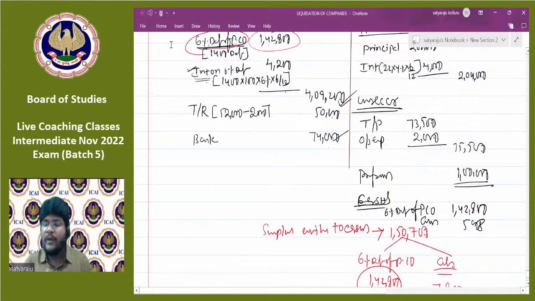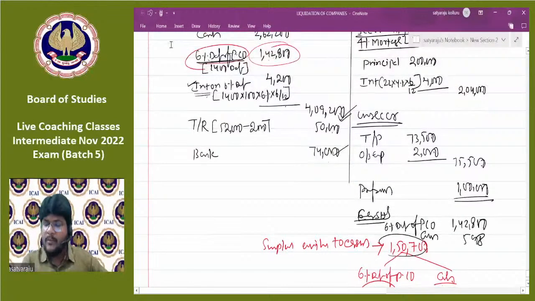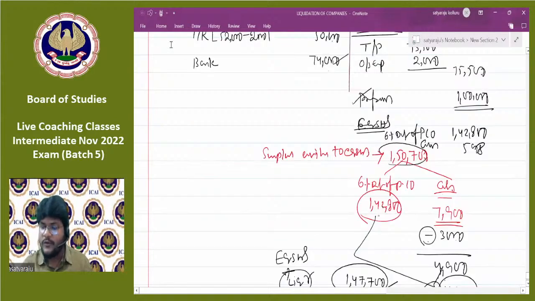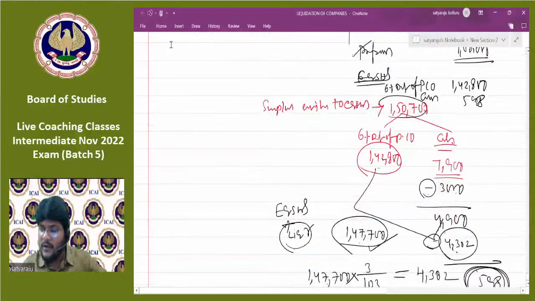Surplus available to equity shareholders before making payment of liquidator commission was 1,50,700. First, the liquidator commission on payment to preference shareholders is 1 lakh into 3%, that will be 3,000. Now I reduced. The remaining balance available was 4,900 cash and 1,42,800 worth of 6% debentures of the purchasing company.